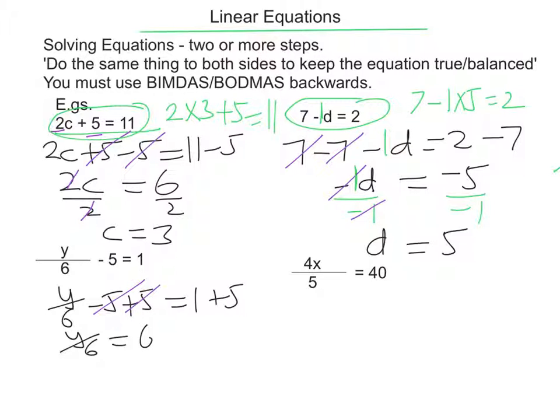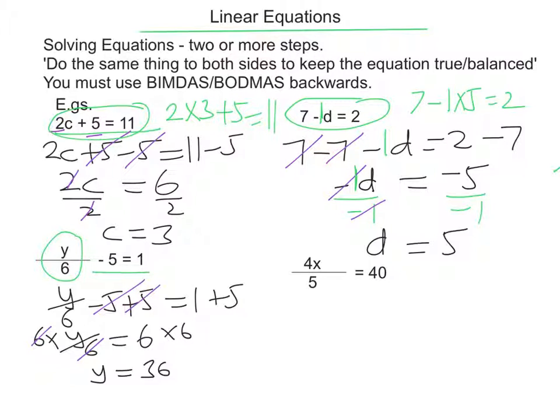Now I need to get rid of the 6, so to do that I'm going to multiply both sides by 6. These two cancel, so I end up with y equals 36. Let's check that. 36 divided by 6 is 6, minus 5 equals 1.